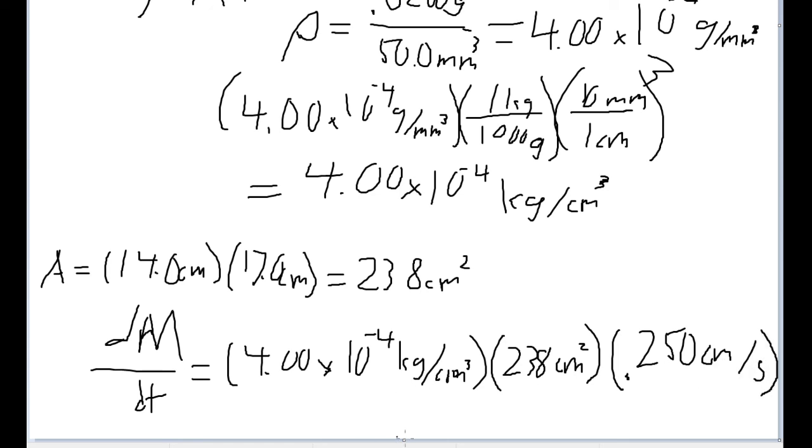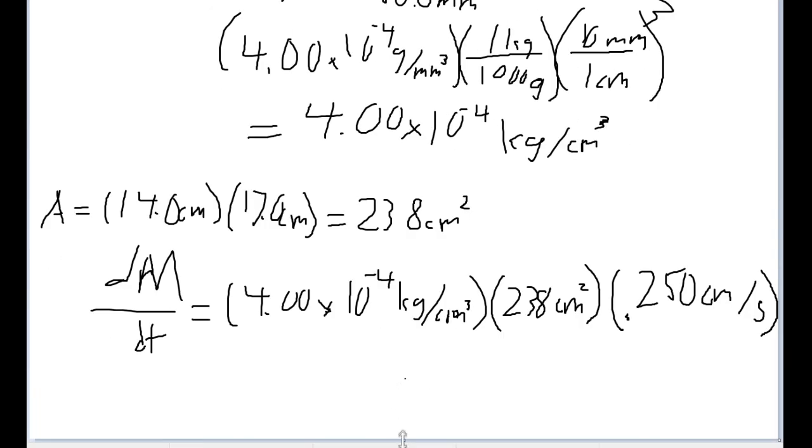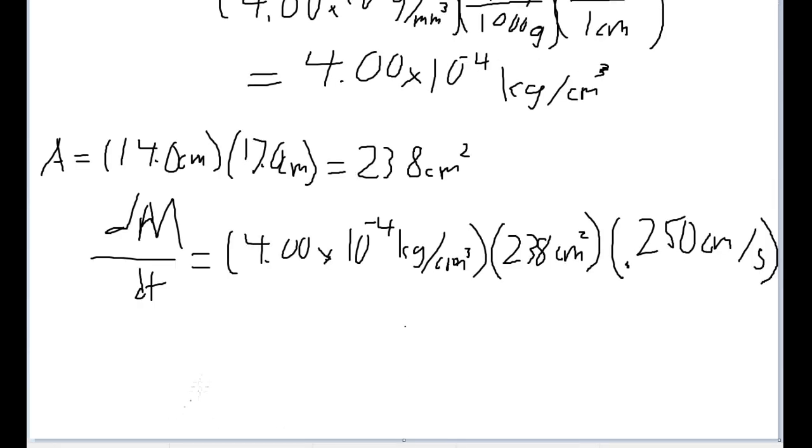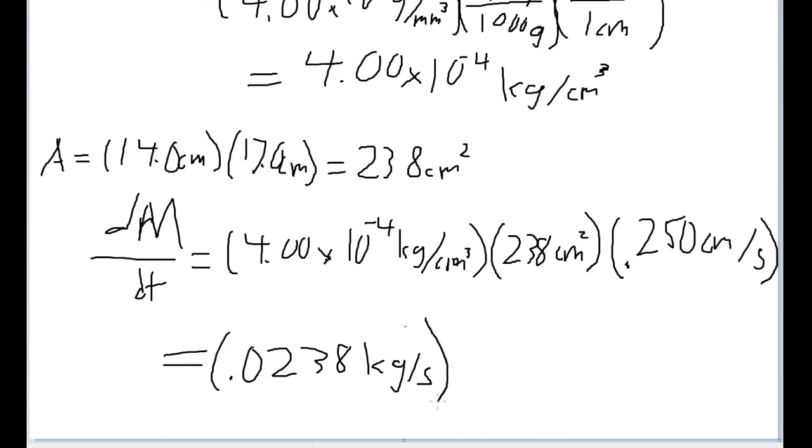And now that we have all this set up, we can plug this into our calculator, and we'll get a rate of change of mass of 0.0238 kilograms per second. And because the question asks us to write our answer in kilograms per minute, let's do one final conversion. So we're going to convert from seconds to minutes.